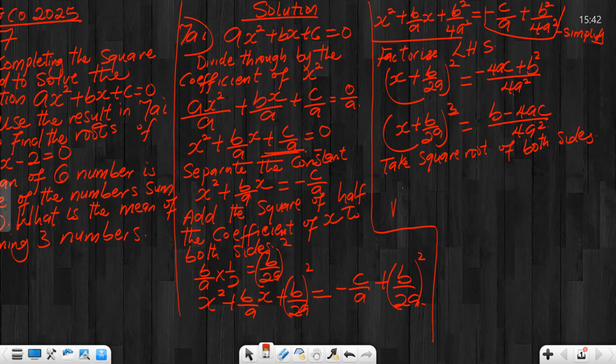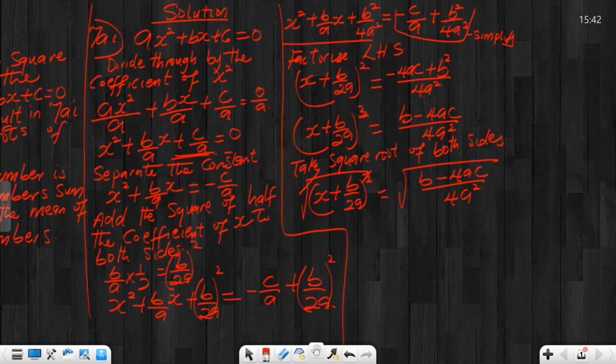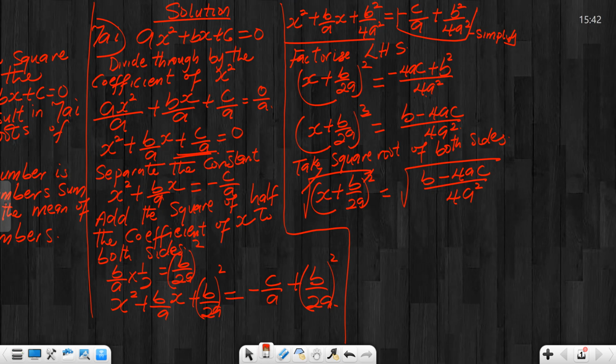When I take the square root of both sides, this will be the square root of x plus b all over 2a squared, equal to the square root of b squared minus 4ac all over 4a squared. So this, we cancel. From here, what will I have? This will give me x plus b all over 2a.